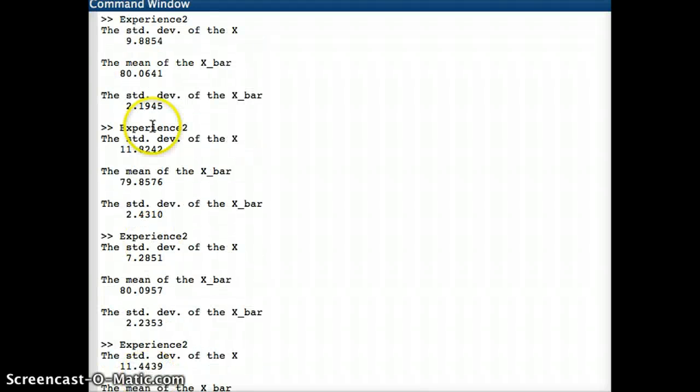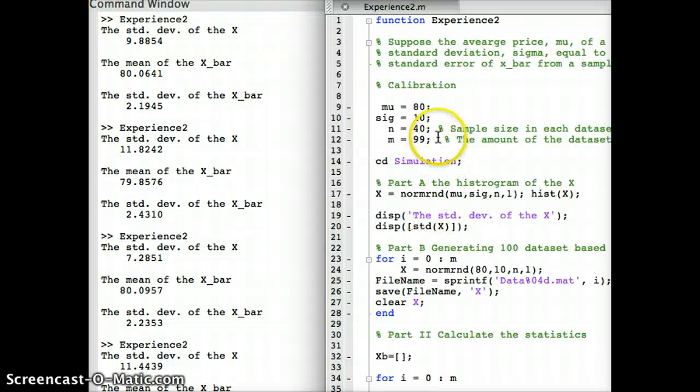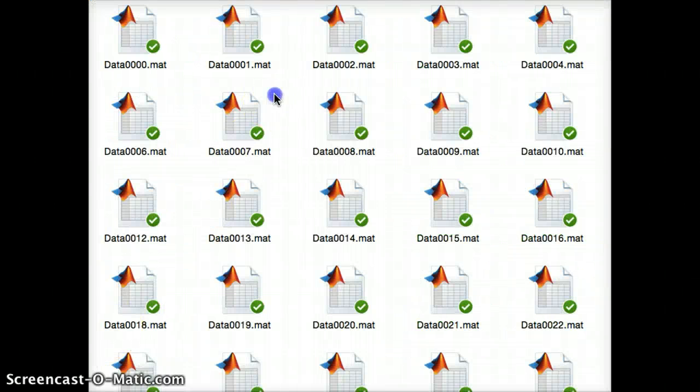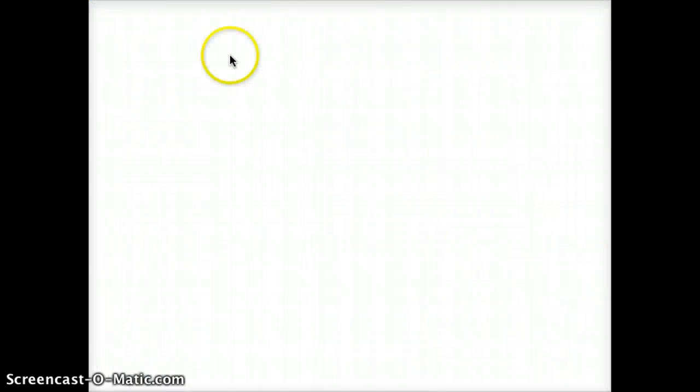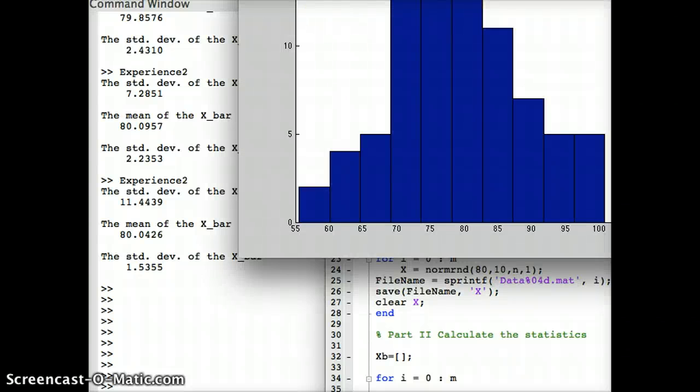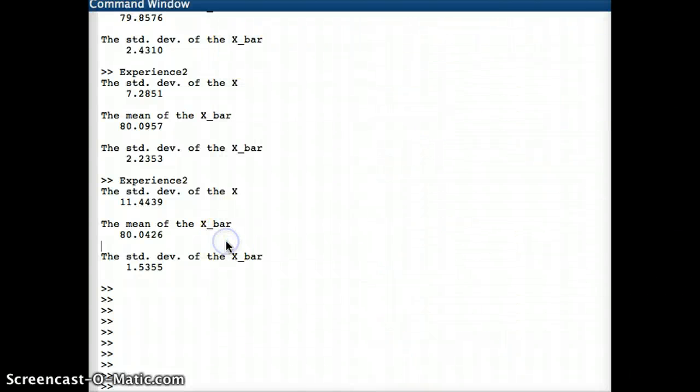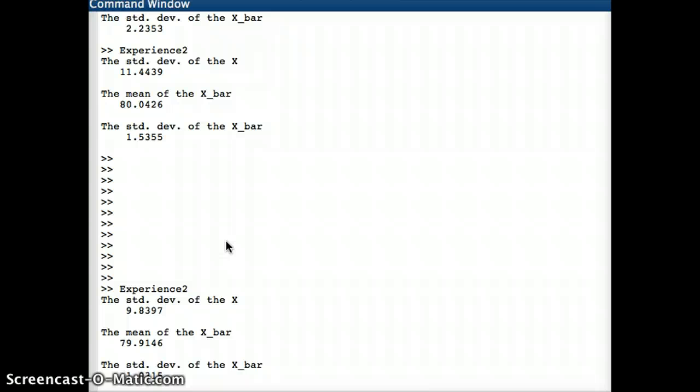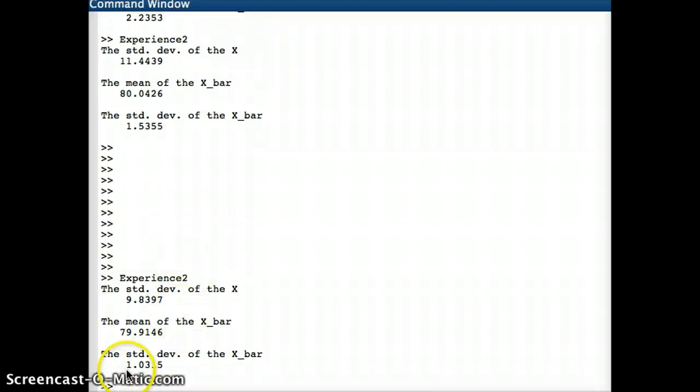It's absolutely smaller than 2.19. Let's try 80. Okay, so here the standard deviation decreased to 1.23.